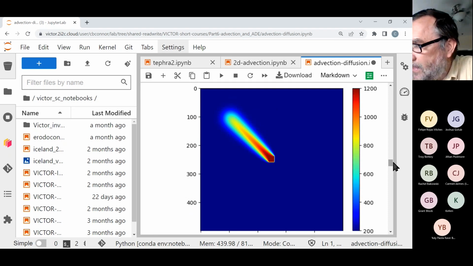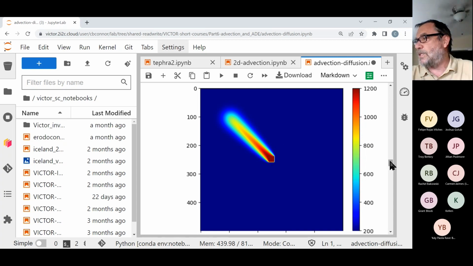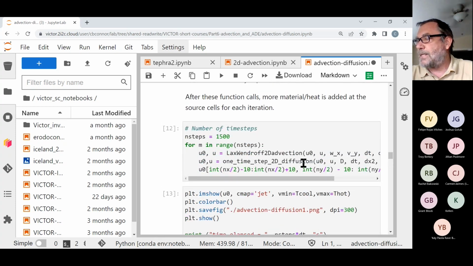The reason it looks better than the 2D advection equation is now at every step, when I get my advection model, and there might be a little numerical instability in there, I then kind of smooth it out with the diffusion equation. So if I really have an advection diffusion problem where diffusion is occurring with advection, I can smooth out the model and get away with a little bit more by coupling the two equations in this way, step by step.